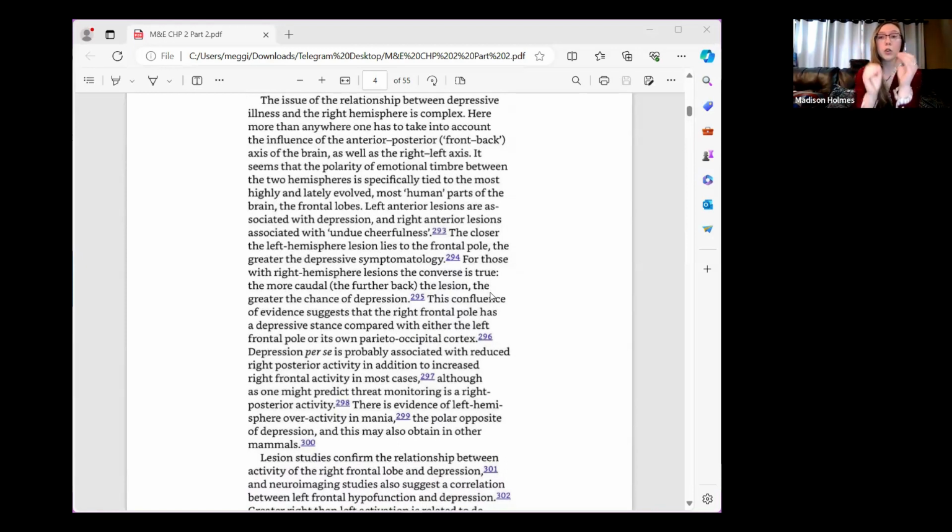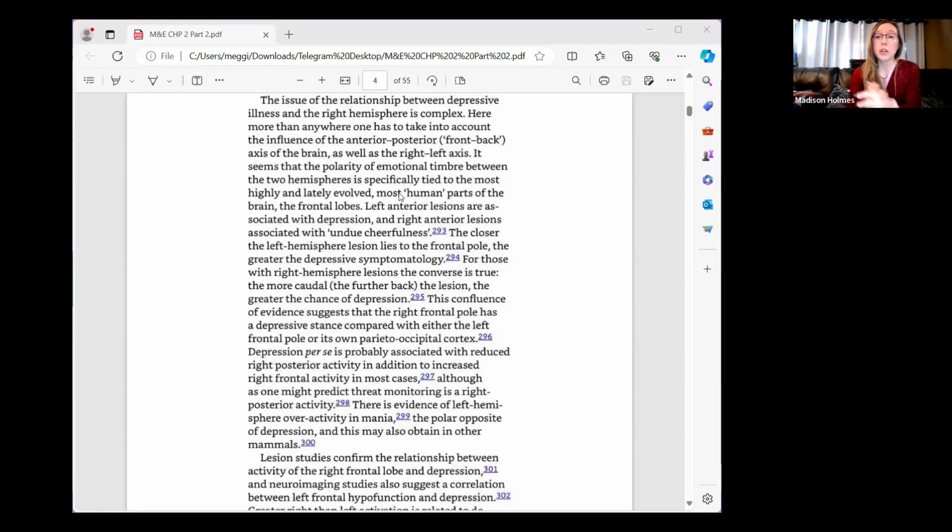And here's a huge example of that. It's right at the beginning of this section, and it's on depression. This is where you really have to consider the front to back problem, the anterior being front, posterior being back, which brings in the more dynamic interaction of the other parts of the brain and the hemispheres. So we can read this here.